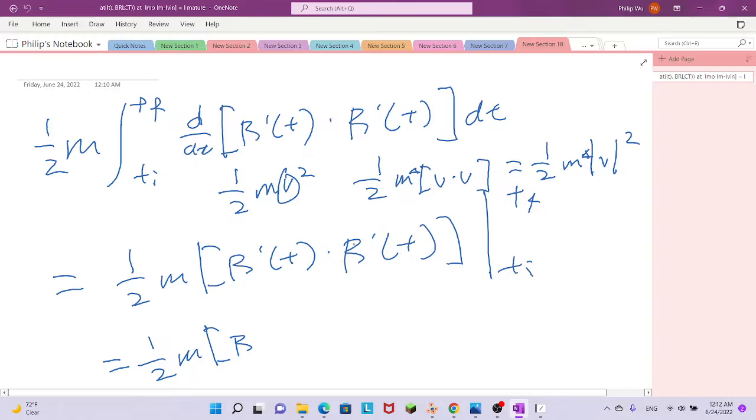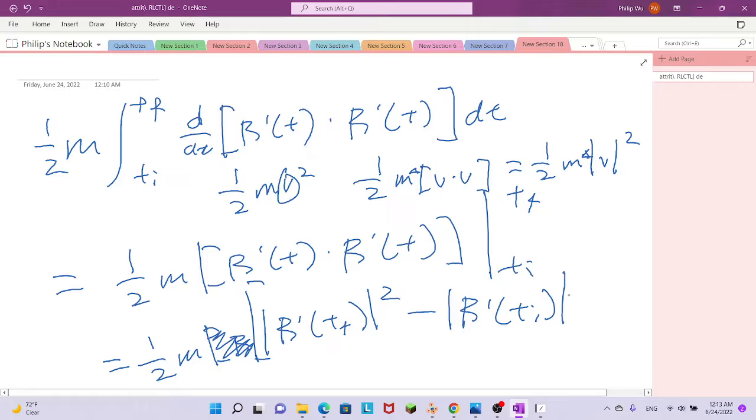So similarly here we can rewrite it as evaluating this integral. We get that it's 1/2 m times the quantity of the square of the magnitude of the first derivative of r evaluated at tf minus the same thing evaluated at ti.